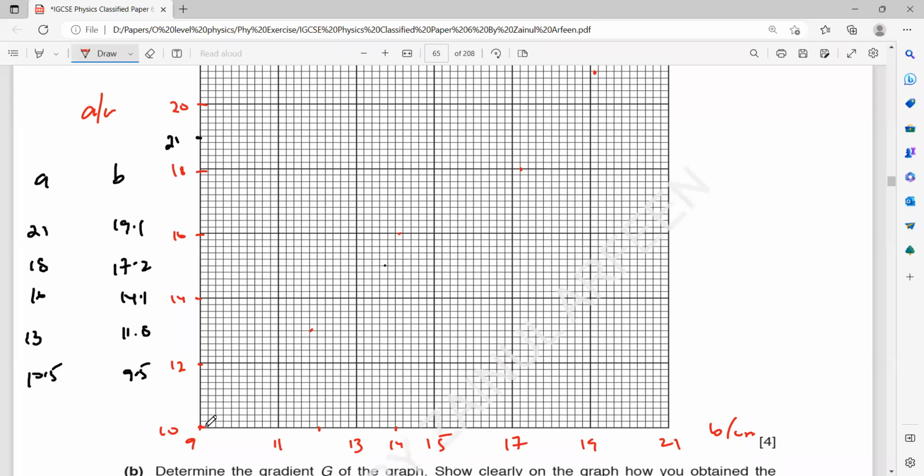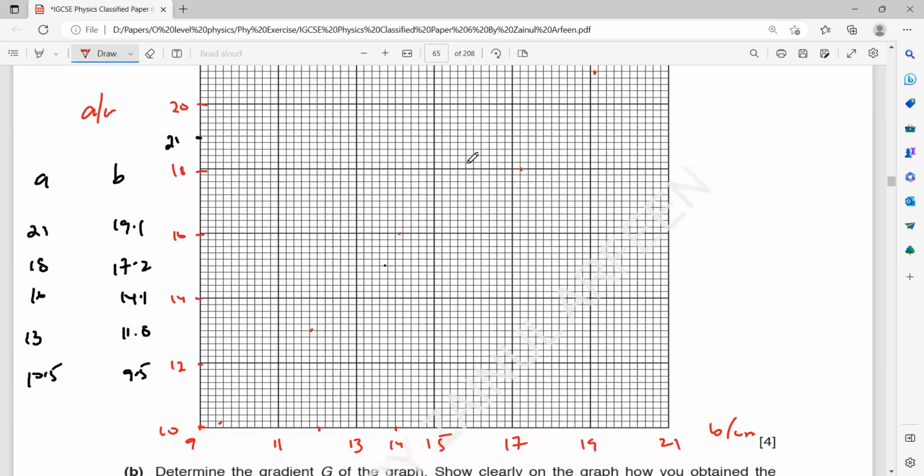And then 9.5 and 10. Each box equals 0.2, so 9.2, 9.4, 9.6. So this will be 9.5, and the other value is 10.5.